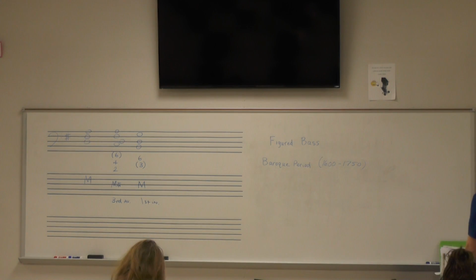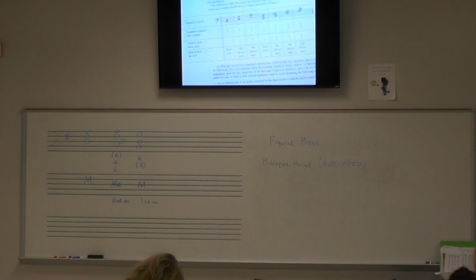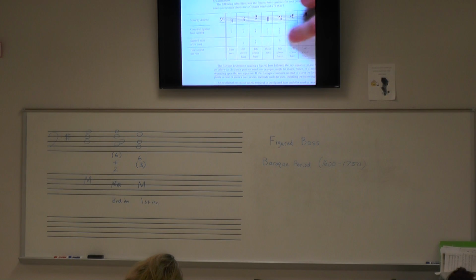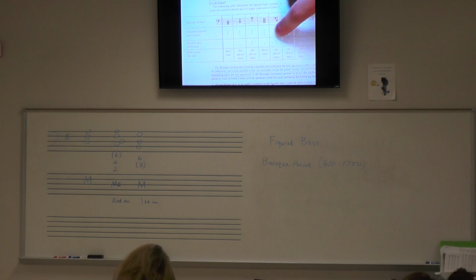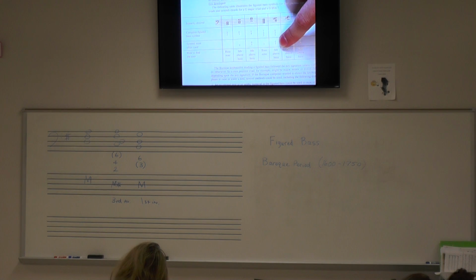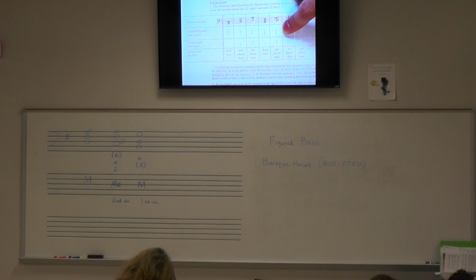And this chart holds true for figured bass as well. So if you see next to a bass note just the number 6-5, you have to infer and interpret and understand that the full symbol is 6-5-3 and get all of those notes in above the bass.